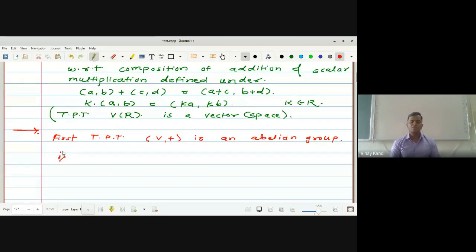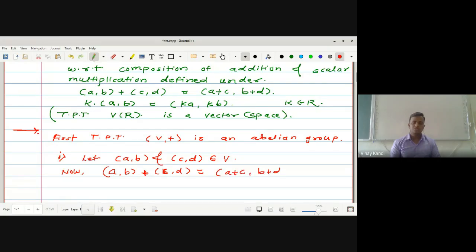Take any two elements from V. If the addition of those two elements belongs to the set V, then it satisfies the closure property. So let (A, B) and (C, D) be two elements belonging to the set V. Now (A, B) plus (C, D) is equal to (A plus C, B plus D).